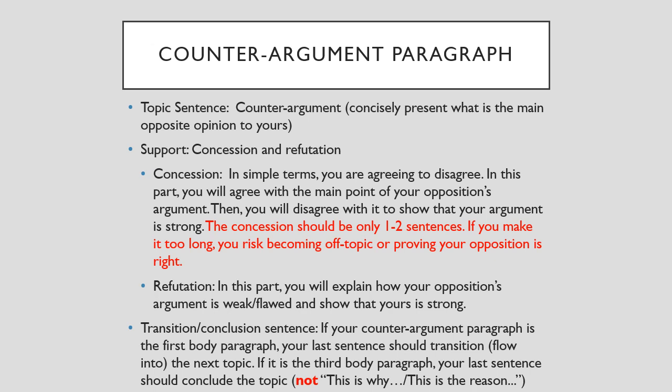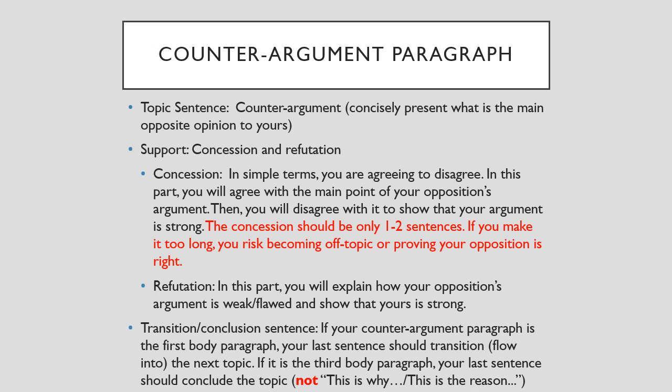This is showing that you can understand your opposition's point of view. However, it's wrong. Okay. So in this way, that's what concession means in this kind of way. You're conceding to your opposition by agreeing with the opposition, but you're still going to prove them wrong. Okay. So in this part, you're going to agree with the main point of your opposition's argument.